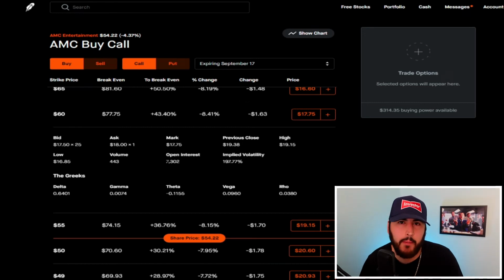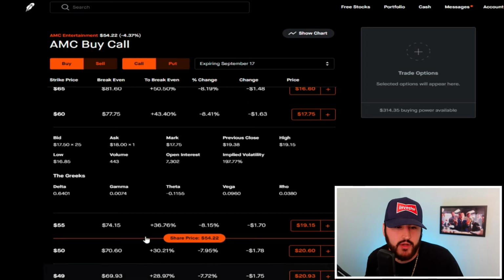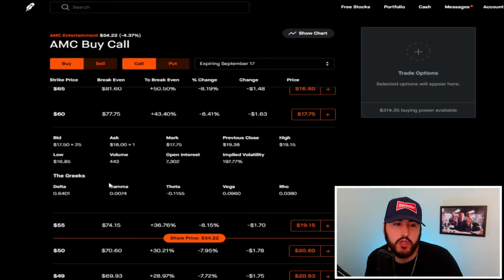Well, what would happen to the option's value at that point? For every dollar, based on this delta, the premium would go up 64 cents. So let's say it went to $55.22. Because of your delta at 0.64, the new price would be $17.75 plus 64 cents.